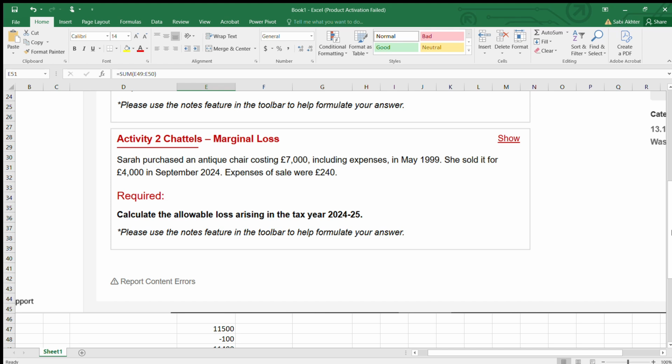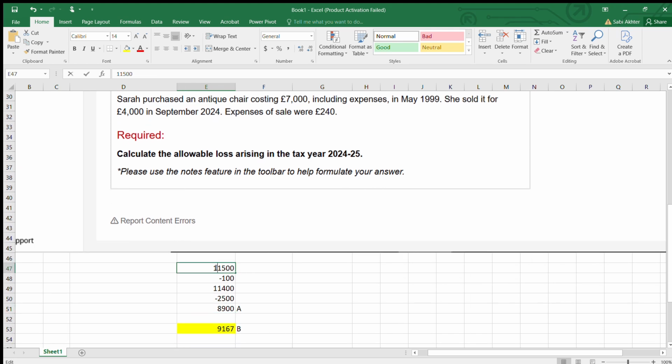Now remember, she sold it for 4,000. So instead of 4,000, we'll put 6,000. That was the rule. Then the cost here is 240. This is activity 2 I'm doing. So now you get your net proceed of 5,760, and from here your cost will be 7,000.